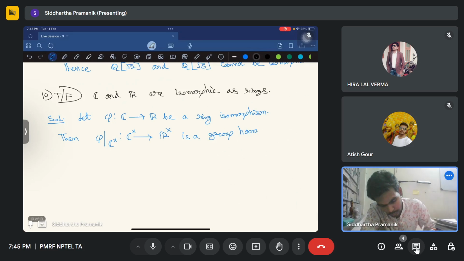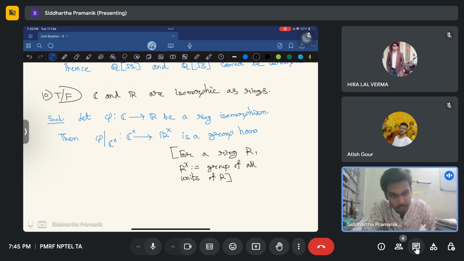So for a ring R, R cross is the group of all units of R. This is something which I have proved in the first problem solving session. If you don't know, you can go back and take a look.